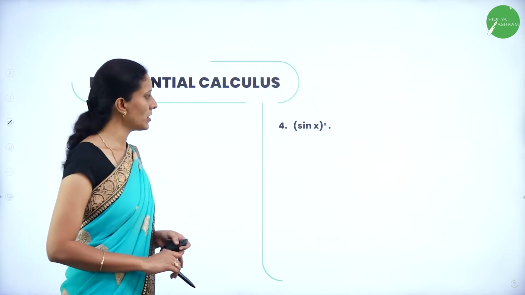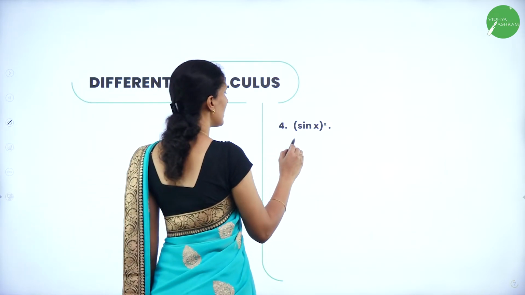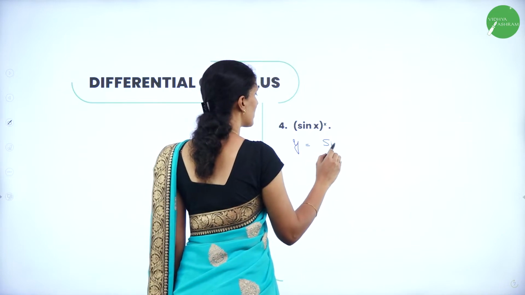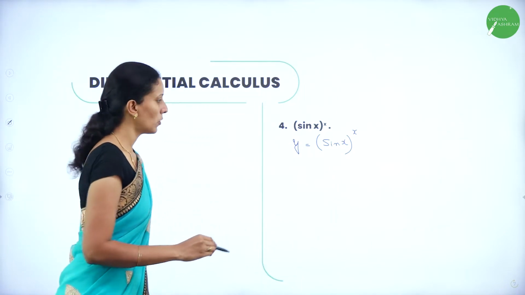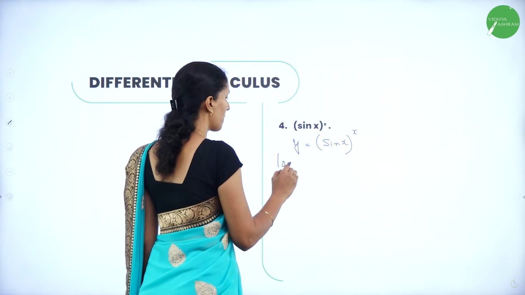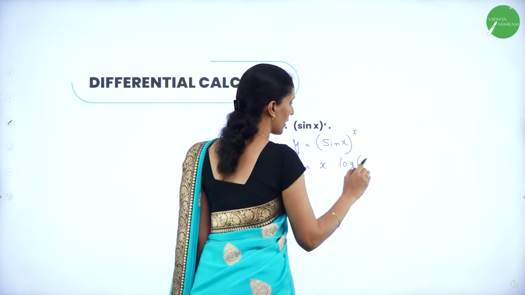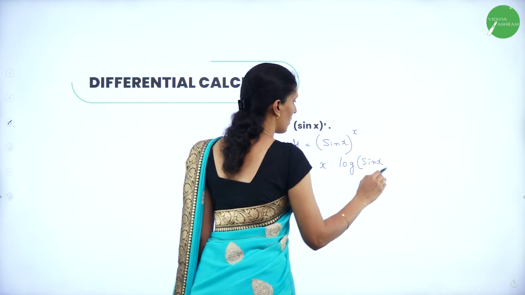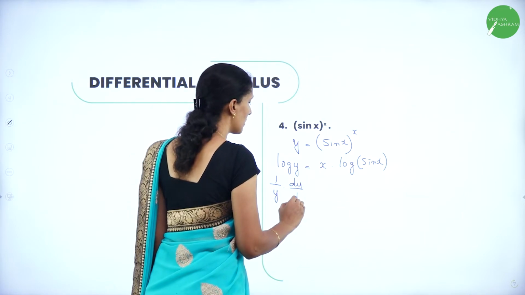So the next question, sin x to the power x. So y is equal to (sin x) whole to the power x. Now apply log on both sides. Log y is equal to x into log of sin x. Now here it is 1 by y dy by dx.